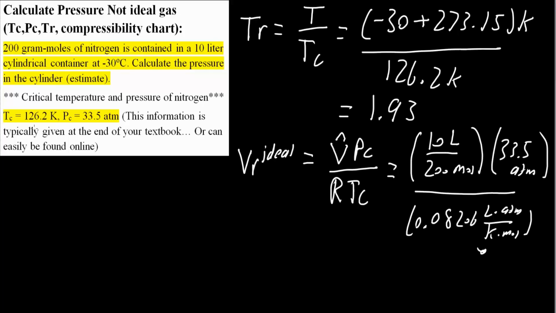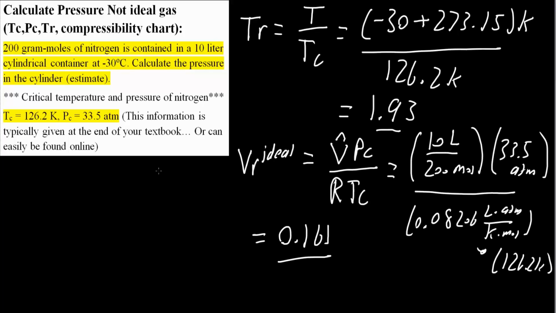TC was 126.2 Kelvin. And so moles would cancel, liters would cancel, ATMs would cancel, and Kelvin would cancel, and VR ideal would be 0.161.